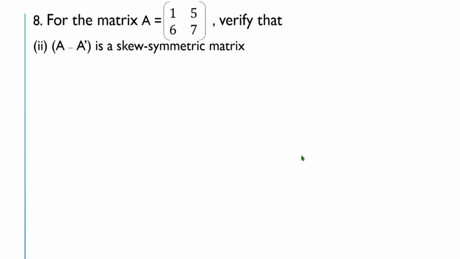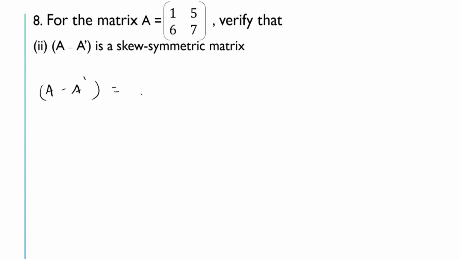Next question, for the matrix A equal to 1, 5, 6, 7, verify that A minus A transpose is a skew symmetric matrix. So first we will find A minus A transpose. For a matrix to be skew symmetric, we have to get (A minus A transpose) the whole transpose is equal to minus of (A minus A transpose).